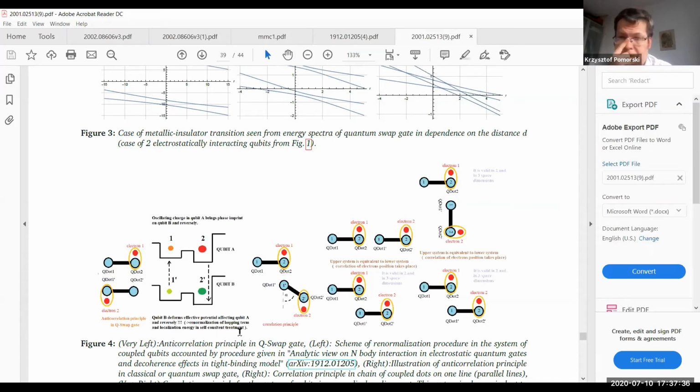Okay, so maybe I will just refer you to another of my papers, where I can introduce some noise to this system of qubits. So basically, how can we model this noise presence?